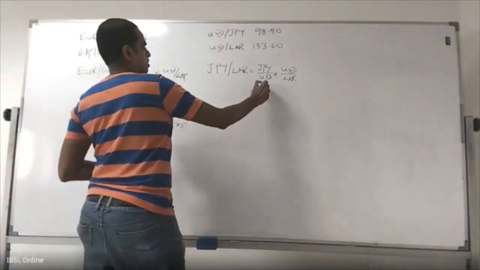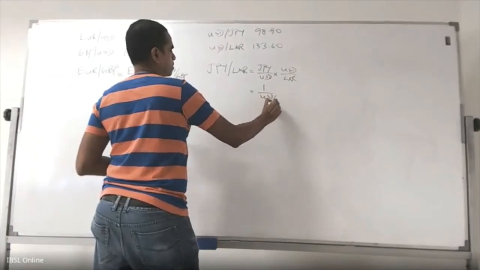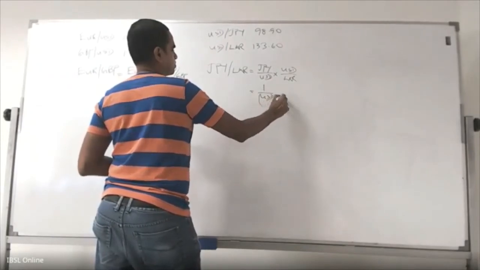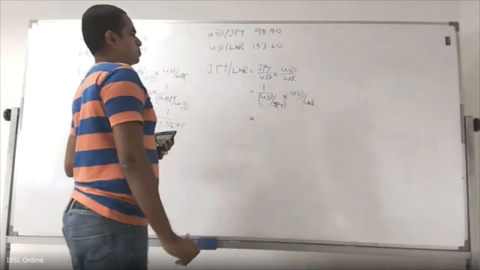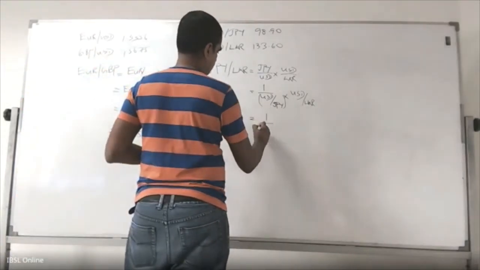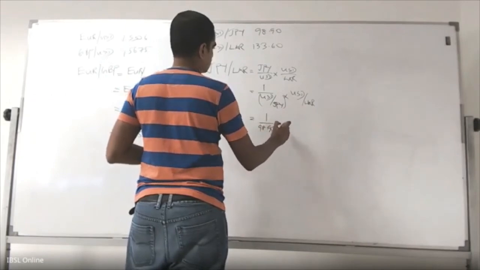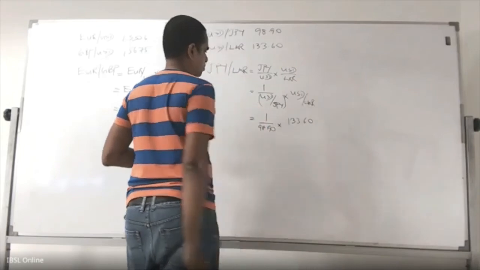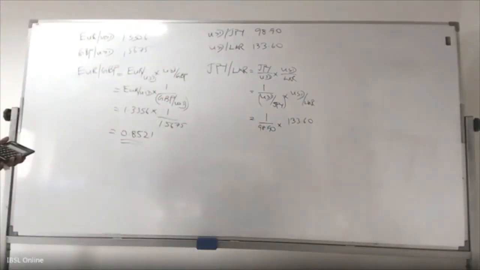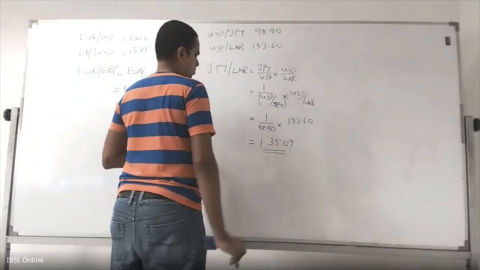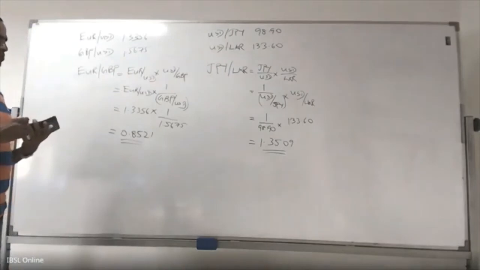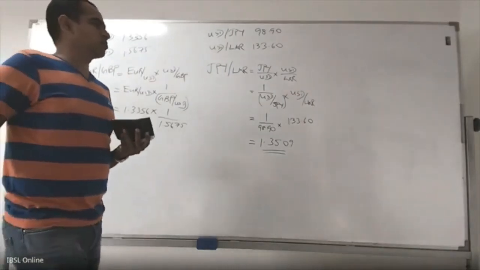Yen dollar is not given, but it is the inverse of dollar yen, times dollar rupee. Any questions?